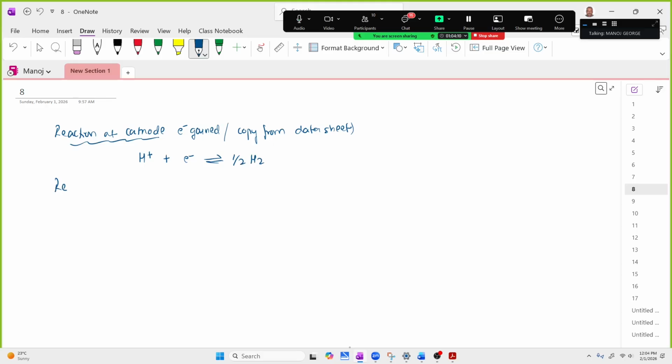Now, how do I write reaction at anode? This is one of the very crucial points here. How do I write reaction at anode? I am supposed to write, because at anode electrons are lost. So what that means is I'm going to look at that equation.